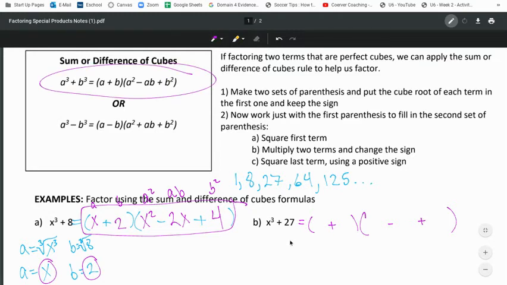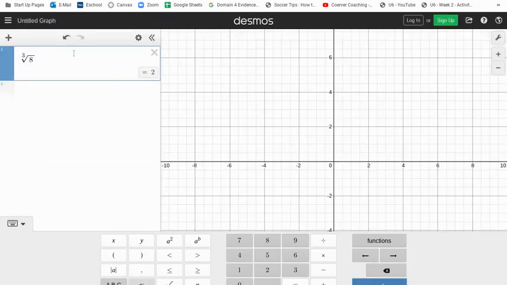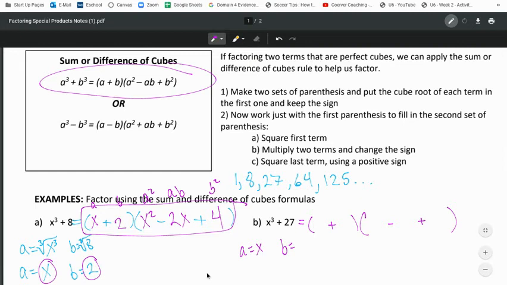A here is simply x, and B is the cube root of 27. I can change that 8 to a 27 in Desmos, and it gives me 3. So the cube root of 27 is 3, and B is 3. Now it's simply plugging in: A, B, A squared, A times B, B squared.